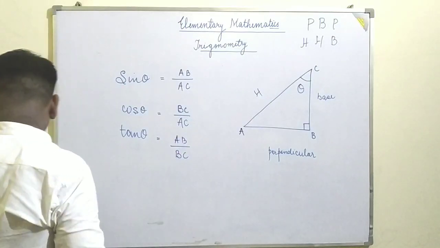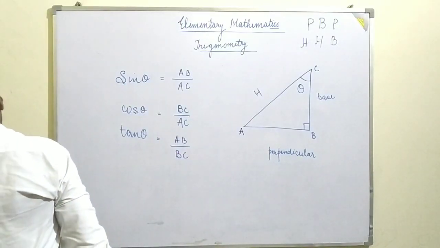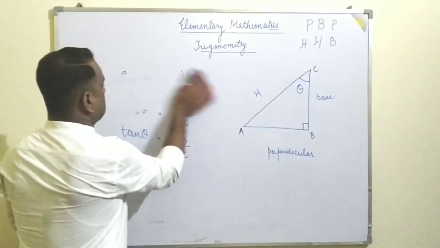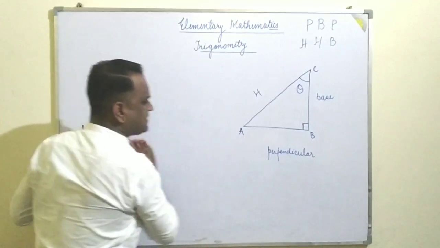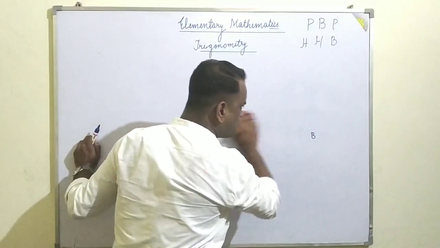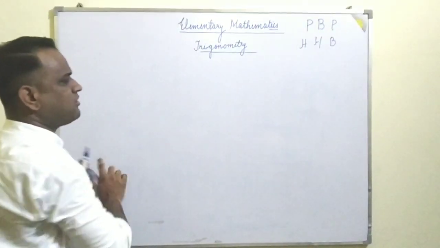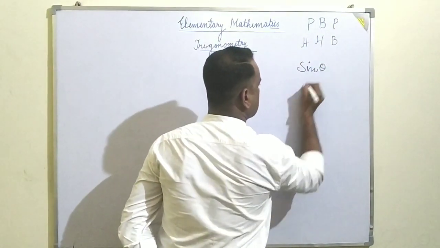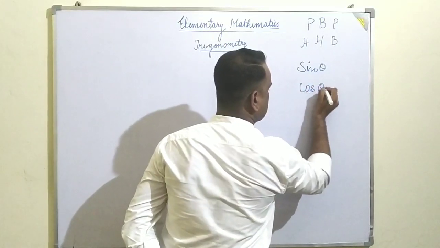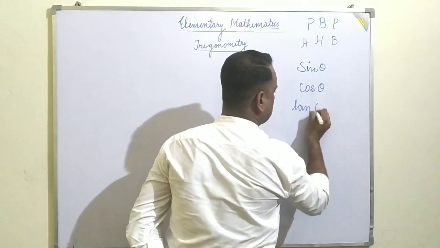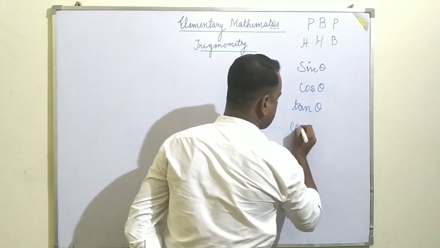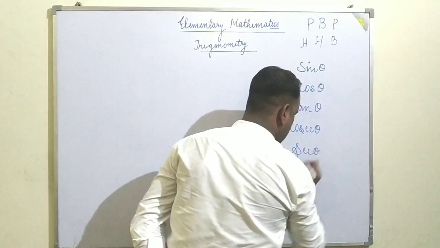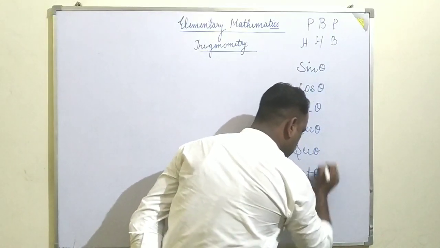Now let us move to the other example, to find the values of sin theta, cos theta and tan theta. These are the trigonometrical functions. In general we have six trigonometrical functions: sin theta, cos theta, tan theta, cosec theta, sec theta and cot theta.